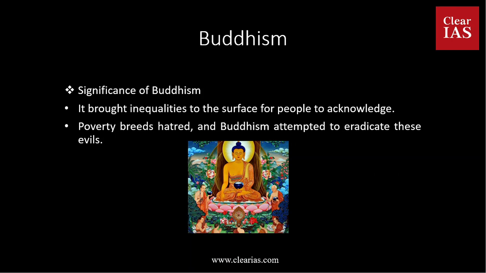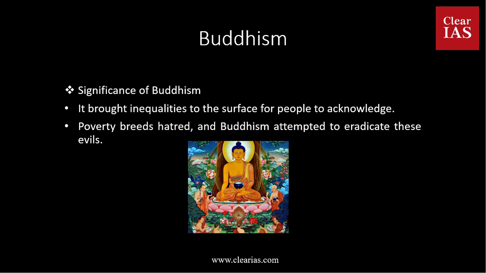Today we have covered the ways in which Jainism and Buddhism, two religious sects, came to the forefront in the cultural sphere of ancient Indian history, how they grew, what the reasons for their decline were, and in what ways they were similar to or different from the traditional Vedic systems.